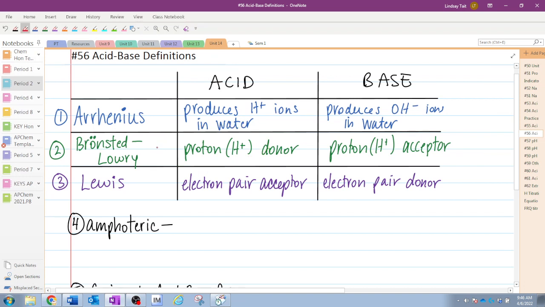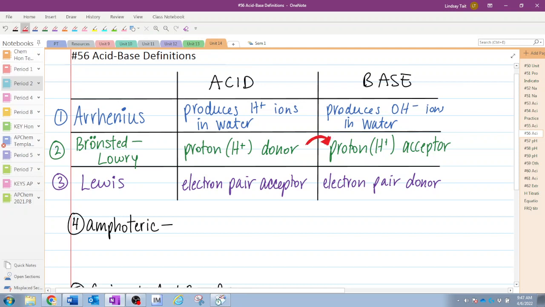So Bronsted-Lowry, they view acids and bases as actually moving protons or hydrogen ions between them. So an acid is a proton donor. A base is a proton acceptor. And guess what? Bronsted-Lowry said an acid would give its proton to the base. They think of it as a proton transfer.